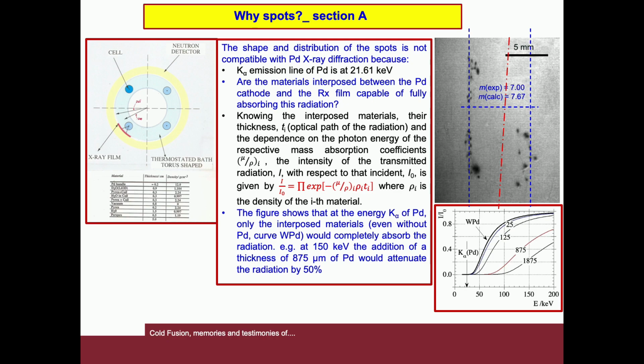Therefore, the interposed materials would totally absorb that radiation. As an example, if we put ourselves at 150 keV, the presence of a thickness of 875 microns of palladium would attenuate the radiation by 50%.